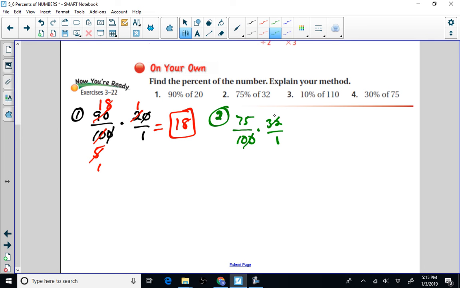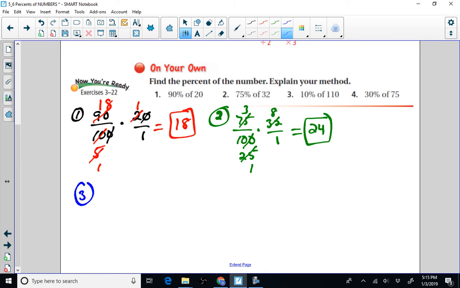So if I divide by 4, that's going to give me 8. That's going to give me 25. But then I can divide out 25 and 75. That's going to give me 1. That's going to give me 3. Now I can multiply numerator times numerator, denominator times denominator. 3 times 8 is going to be 24. So 75% of 32 is going to be 24.